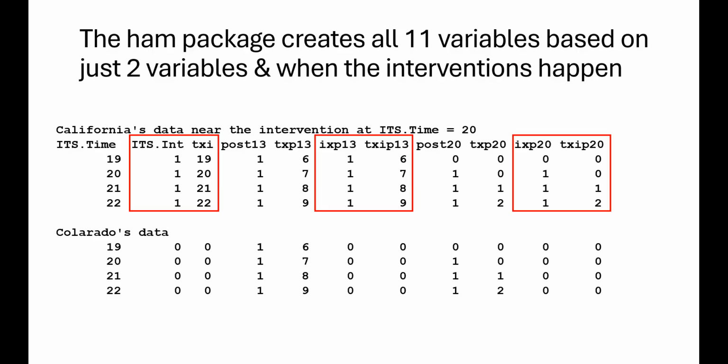So the ham package creates all 11 variables based on just 2 variables and when the intervention happened. And so you can see that here's some example data, and we can see that all of these variables get created for you.